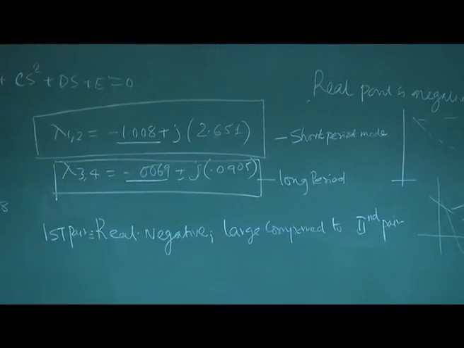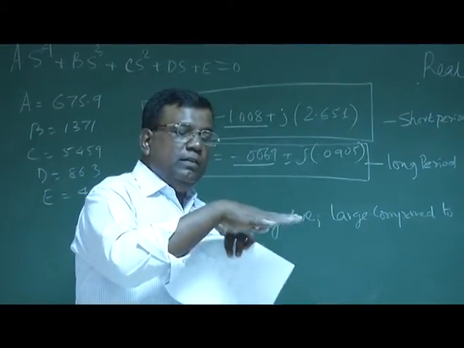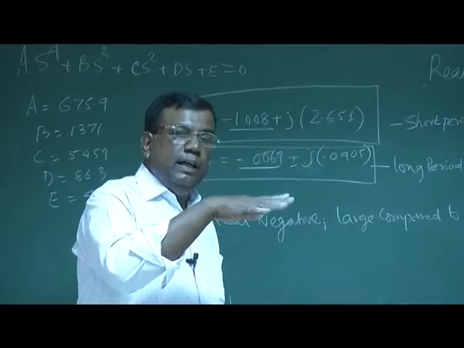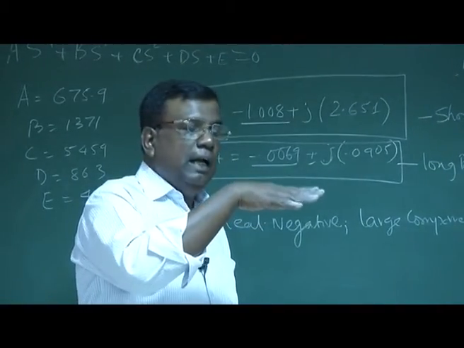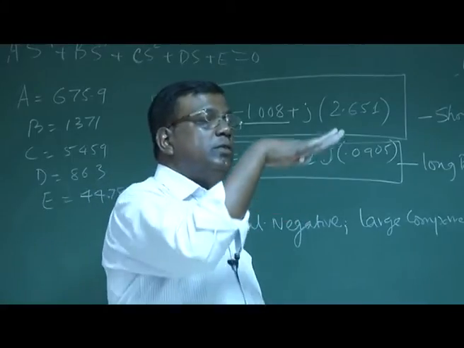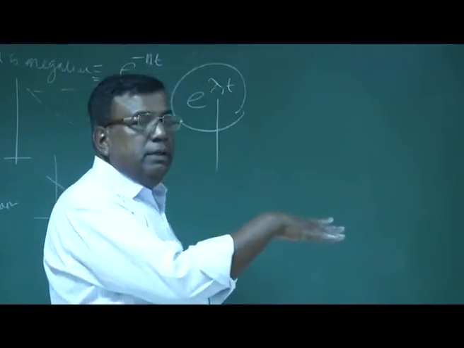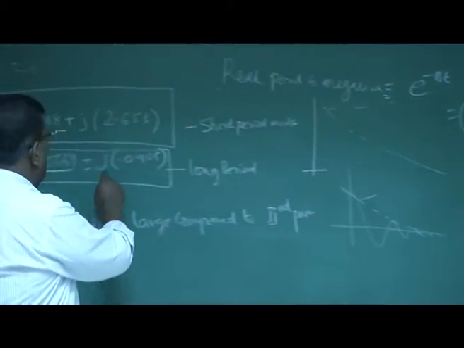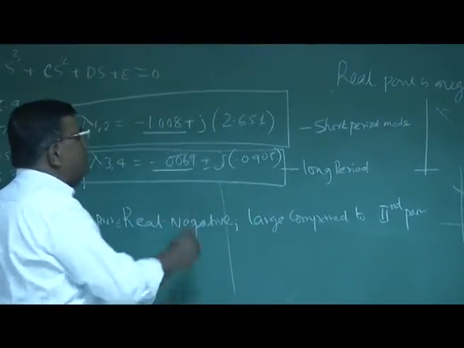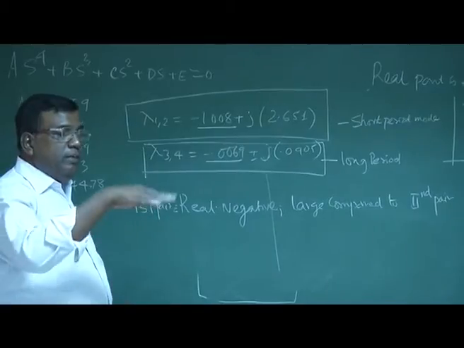Right. Now, come back to the airplane. What happens if the airplane is moving like this and you give a disturbance? Then one way it gets excited is it does like this and comes back to the equilibrium. Another could be it goes on doing like this and then finally comes back. The second one is nothing but the longer period. Its real root is small negative. The first one is the short period.